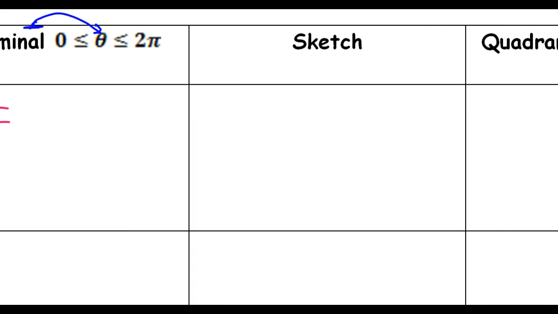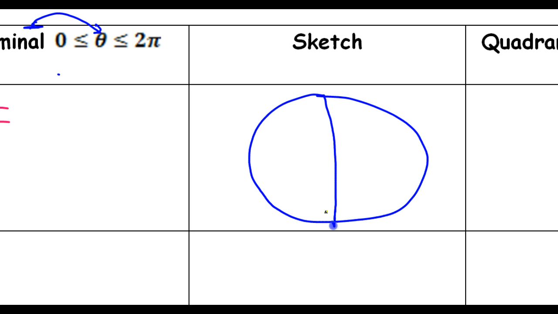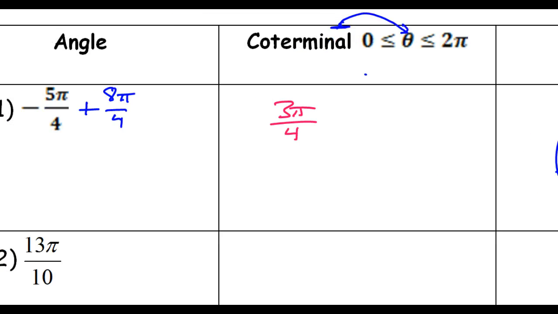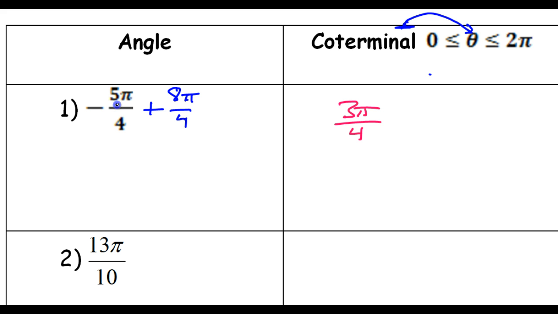Now we also need to do a sketch. So let's do that. So here is our, well, let me just draw it as a circle. Okay, so here's our sketch of a unit circle. Alright, now here's pi over 2, here's pi, you get it. So the original angle was negative 5 pi over 4.